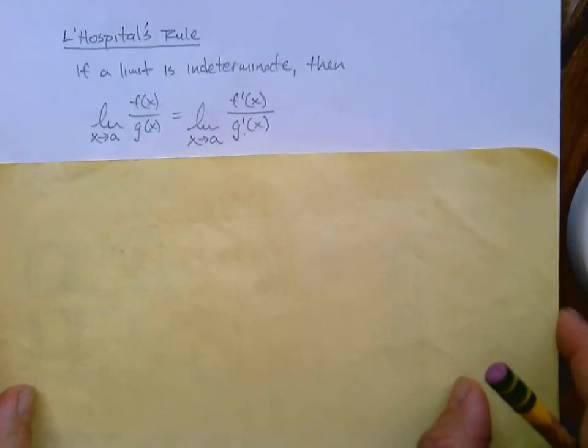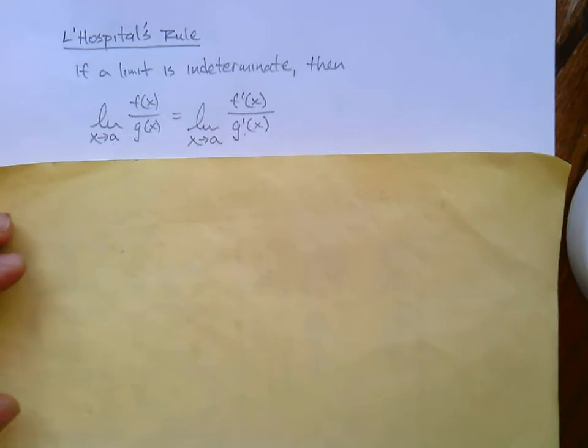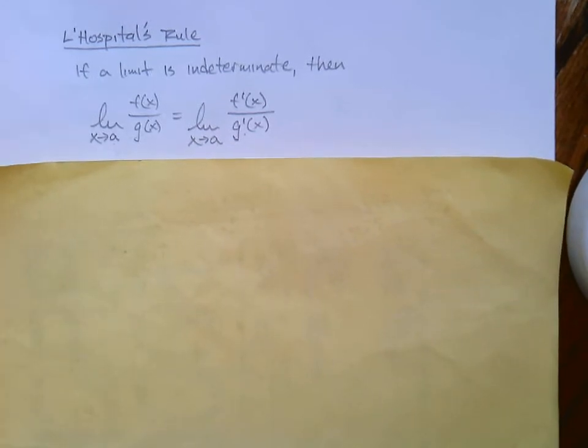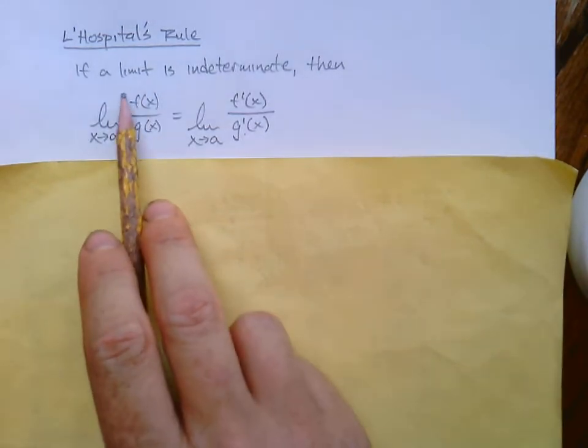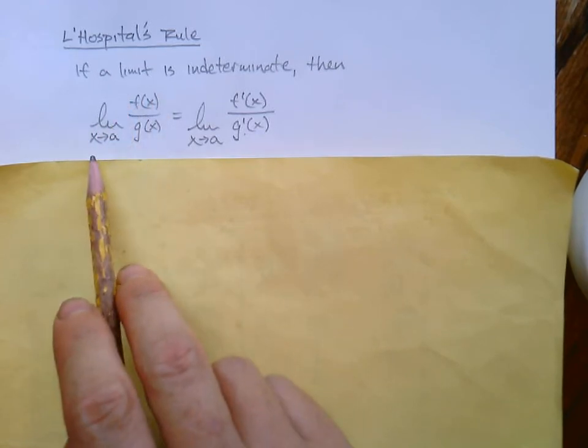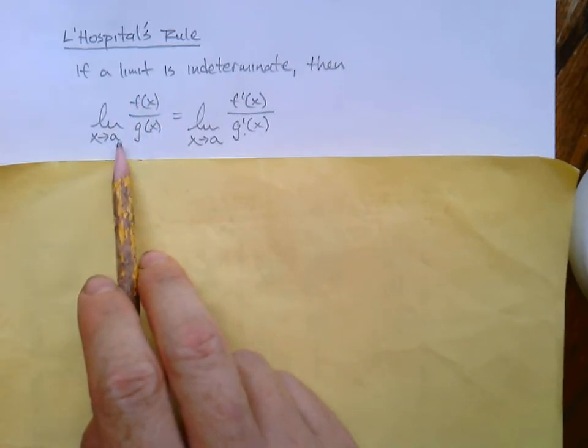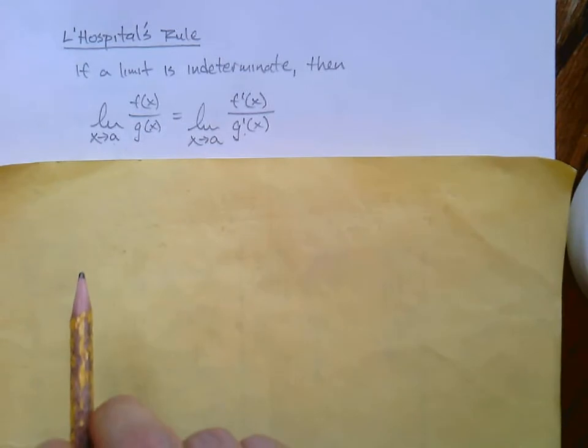Here's the rule. L'Hopital's rule is: if a limit is indeterminate, if it is one of those forms, then let's take a look here. Think of this as the original problem: the limit as x approaches a, f of x over g of x.